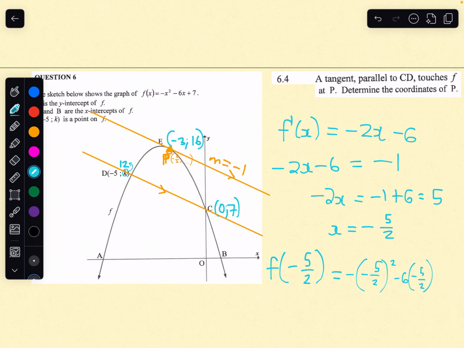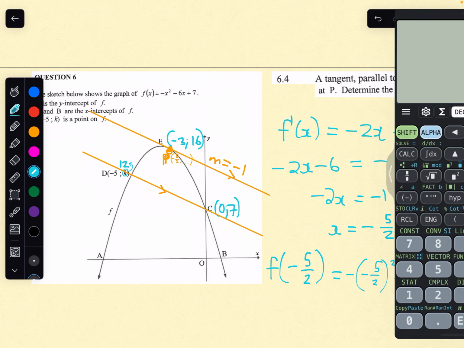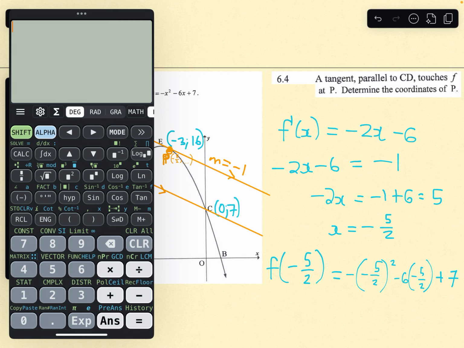Plus 7. So let's calculate. And the answer that we get is 63 over 4, which is almost 16.